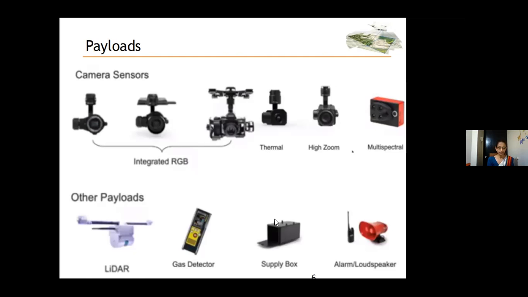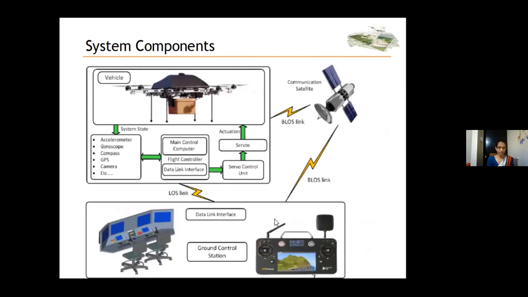Okay, and now let's see the system components of any drone system. As you can see here, this figure demonstrates a high-level architecture of a UAV system and its main components. The main components of a UAV can be divided into three main categories.